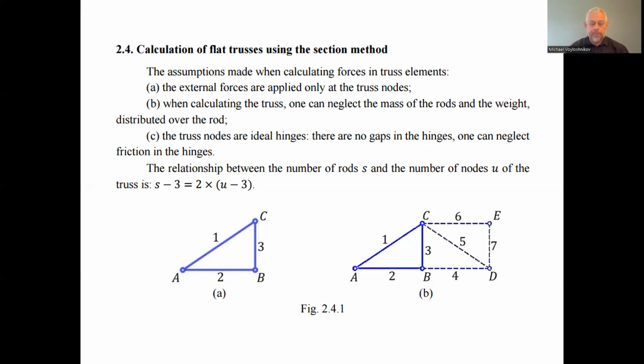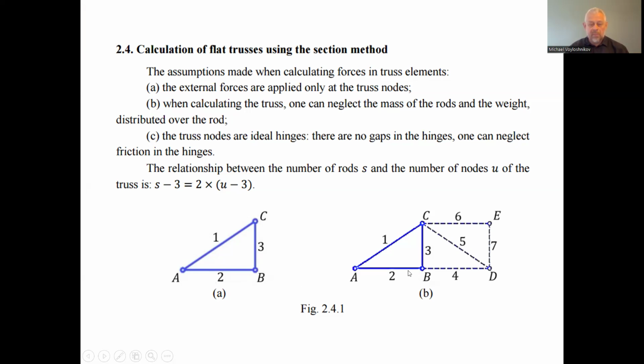Besides, for statically determinate trusses, we have a relationship between the number of rods and the number of knots. If we indicate rods by the sign S and knots by the sign U, the proportion is: number of rods minus 3 equals 2 times the number of knots minus 3.